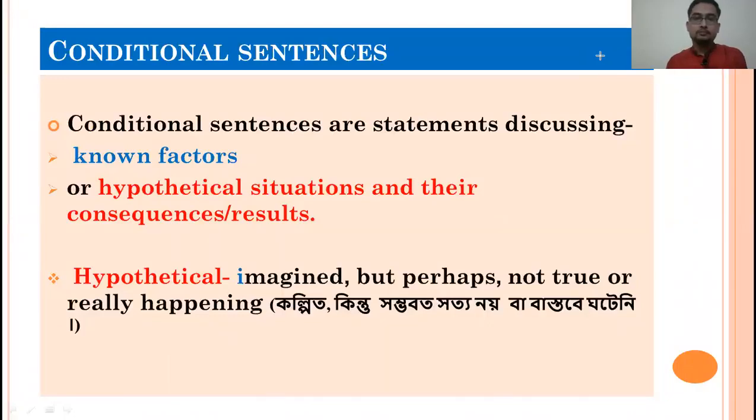One is non-factors, that is the factors that are very much common to us, known to us, the results, the outcomes, everything is known to us. And the other is hypothetical situation, the situation that is totally imaginative and the situations which will not actually happen in the future.